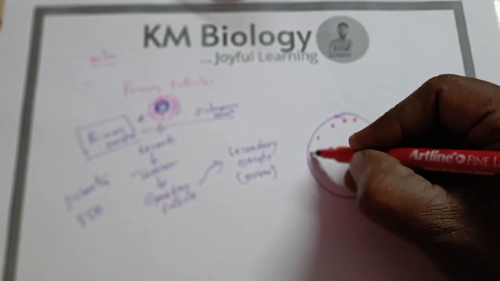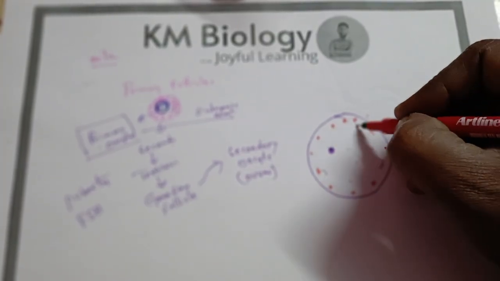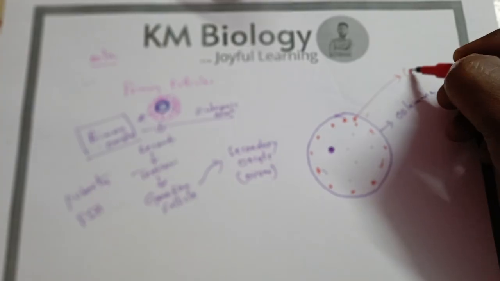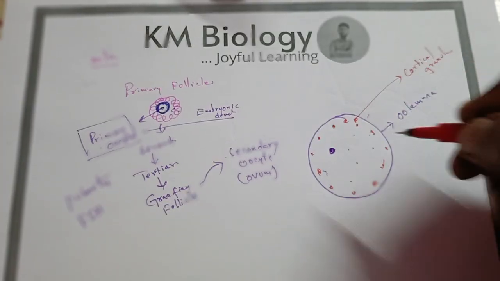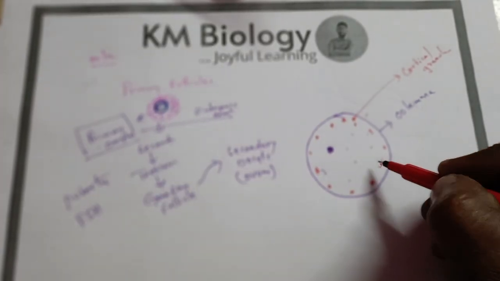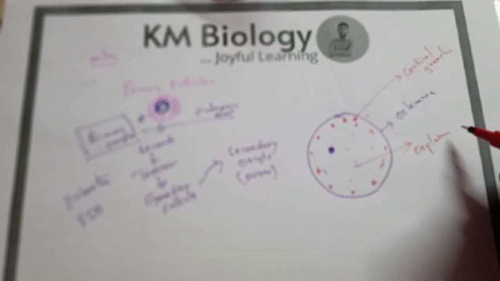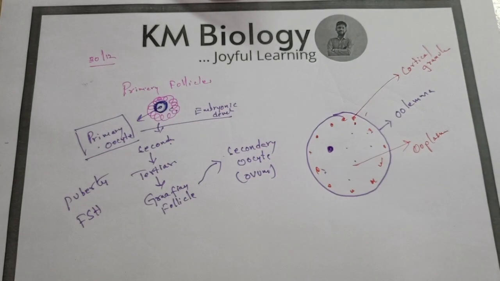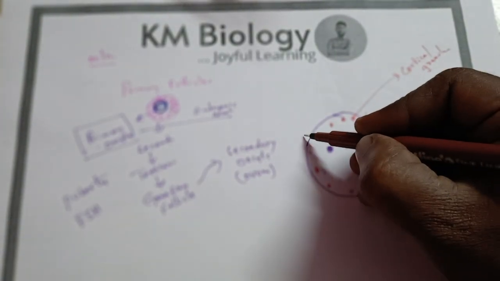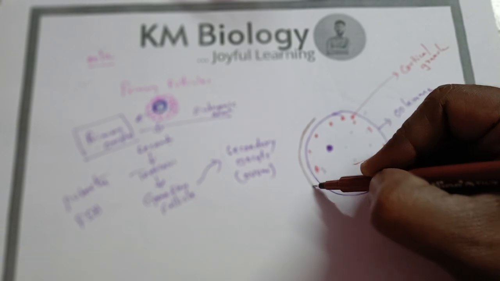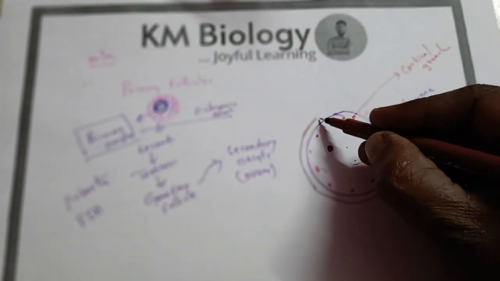We call them cortical granules. So as usual, the cytoplasm, we call it as ooplasm. Then around the secondary oocyte, a new protective layer is formed. This is what we call zona pellucida.